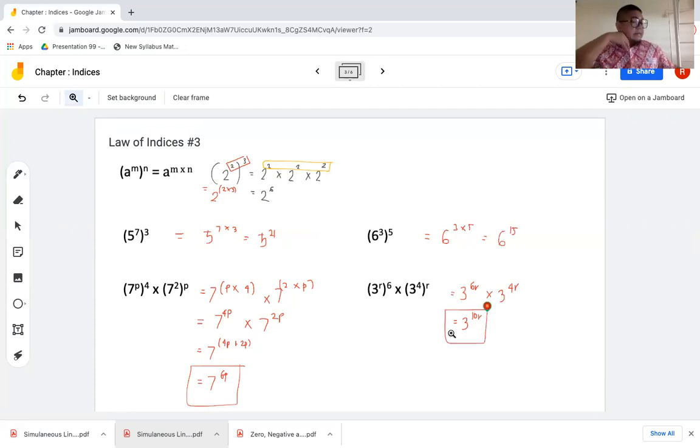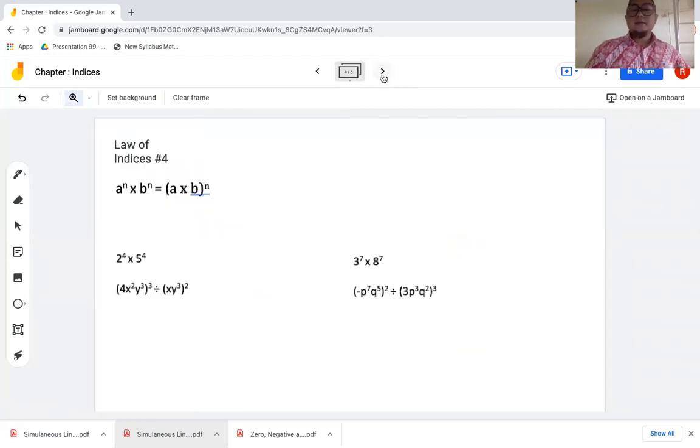Okay. Now, let's move on to the fourth law. All right, I need you guys to pay attention to this one. So the fourth law states that if you have two different variables that have the same exponent, then you can express them as a multiplication of those particular bases with the exponent being the same.